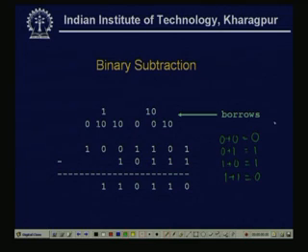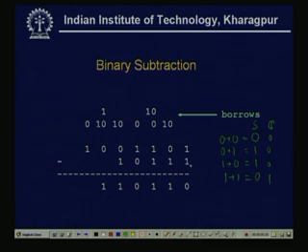So, this is my sum, the same rule. Now, here I am subtracting 1 0 1 1 1 from the value 1 0 0 1 1 0 1.